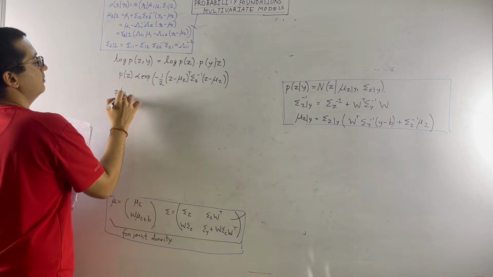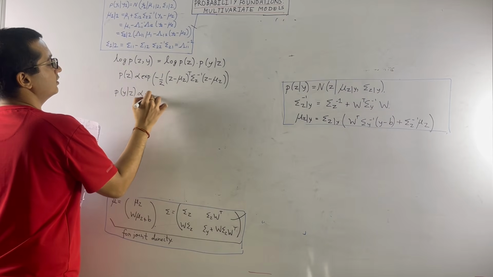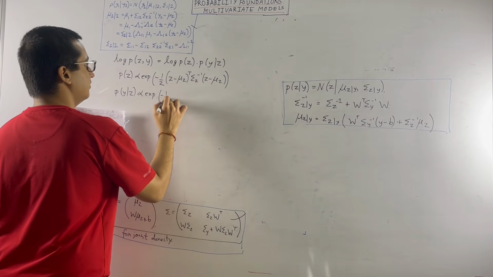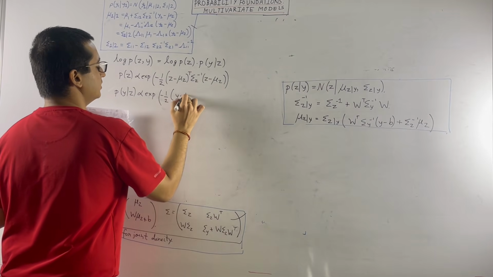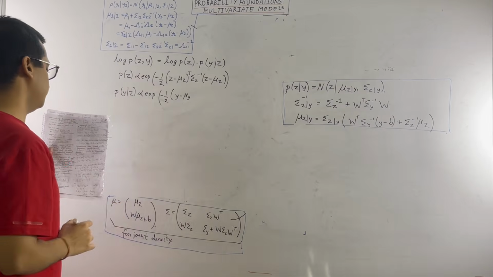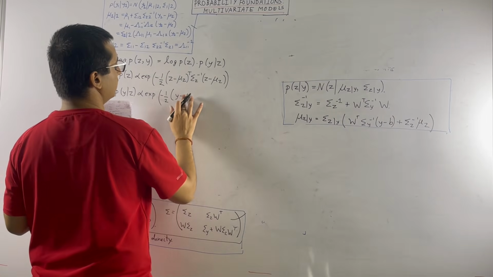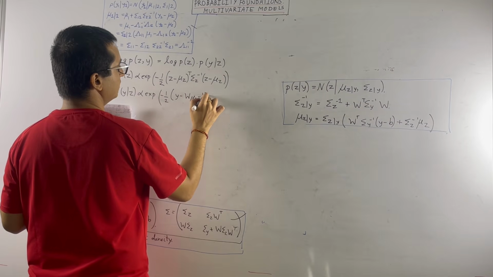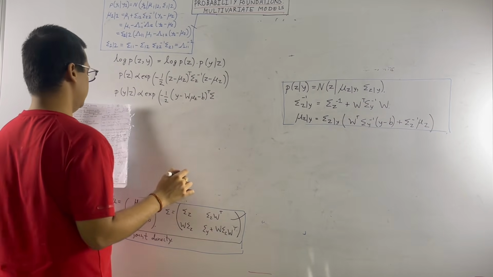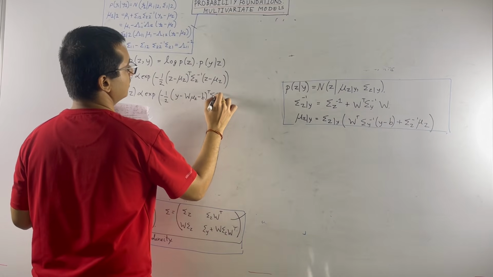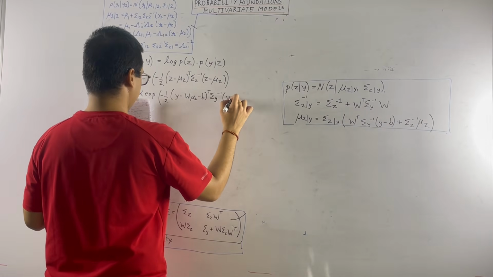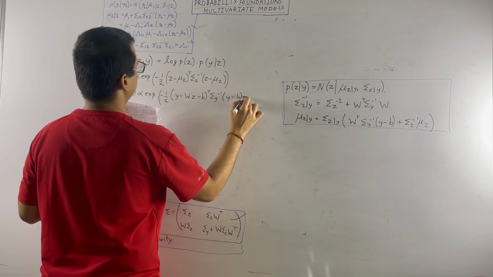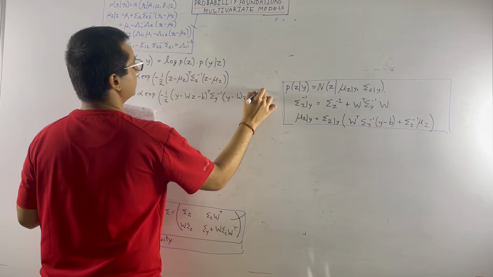And p of y given z is proportional to exp of minus half y minus mu of y, which is w mu z plus b, and sigma y inverse y minus w, or let's keep it z only, because it is conditioned on that.